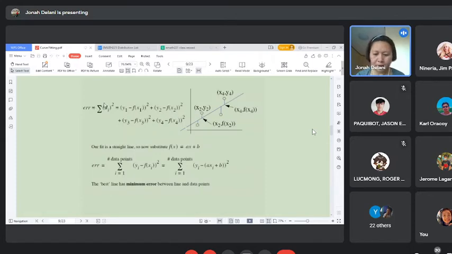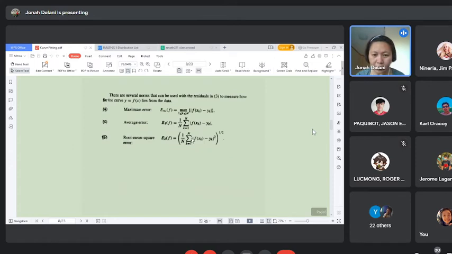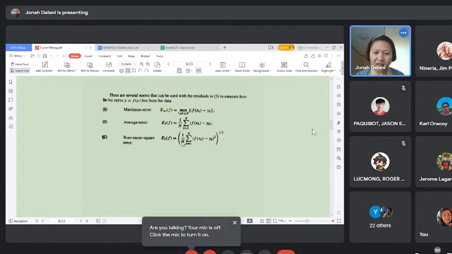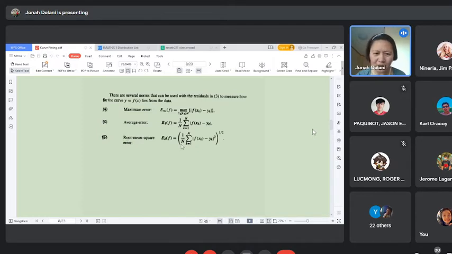So if we look at this, unsa ba ning root mean square error? We get the difference, we square them, and then we sum up all the difference, and then we get the mean. And then we get the root. So we square silang tanan, and then we get the mean, and then we get the root. So nagitawag siya ka root mean square error.